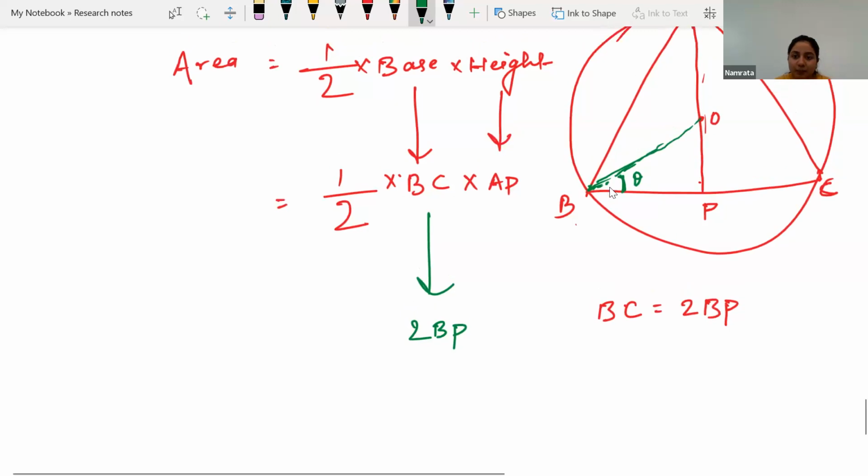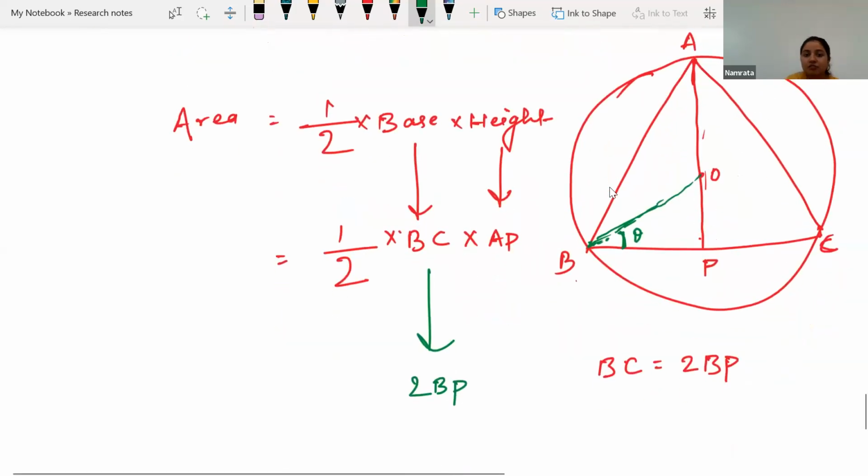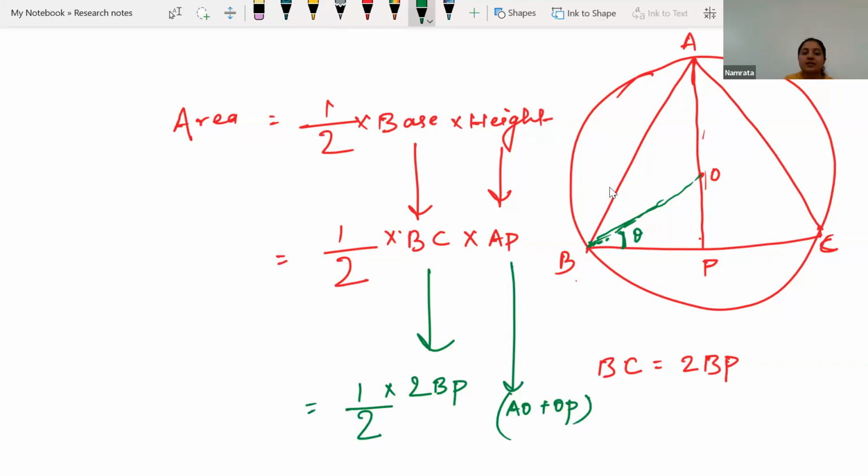In place of AP, we can break it in the form of AO plus OP. And this 1 by 2, we just write as it is.